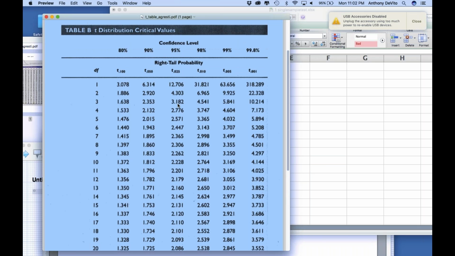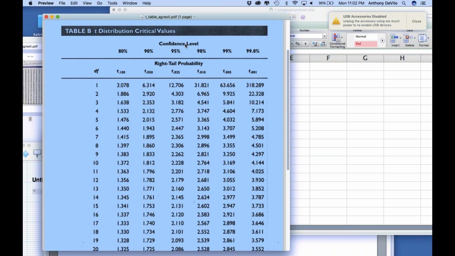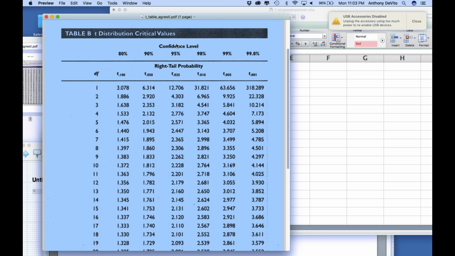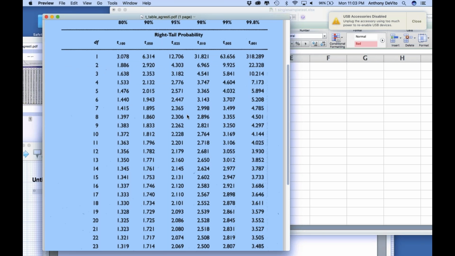So I'm going to go over here and take a look at that confidence interval, my t-values. And for a sample size of 9, 8 degrees of freedom, I would need a t-score, a difference between the two values divided by the standard error. I would need a t-score that's bigger than 2.3 in order to be 95% confident that these two means are different.